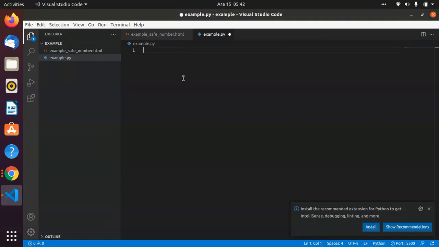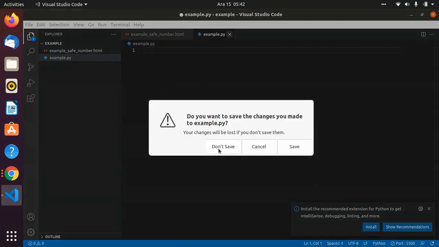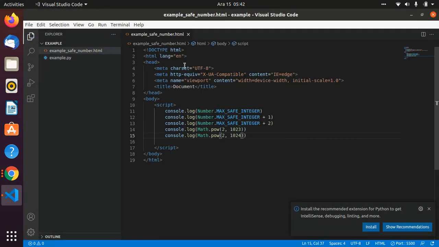No, I think we have to import it. Import math, maybe. But I think we have to install Python extensions or something like that, for IntelliSense, debugging and more. I don't want to do it now, so later we can do something together, but don't save it. So you saw here all my information.